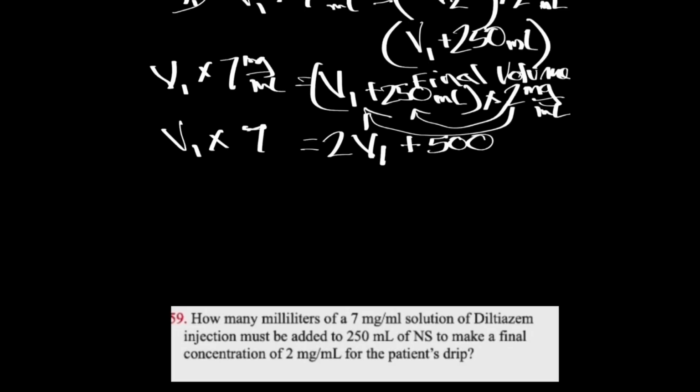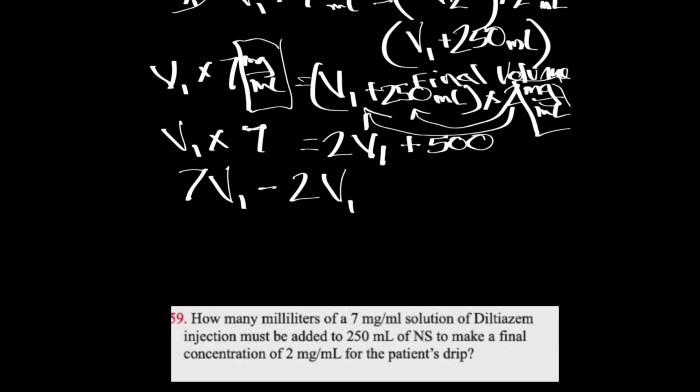I'm just going to, right now, ignore these. The concentrations are the same on both sides, so they're going to wind up crossing each other out. Okay, so what do I have to do now? Well, in essence, this is 7V1. And I think I'll move it to the other side, this 2 minus 2V1, so that I have my V's on one side and my 500 on the other side.